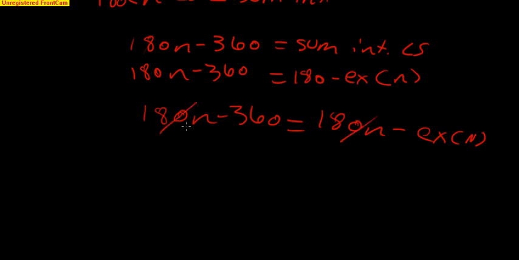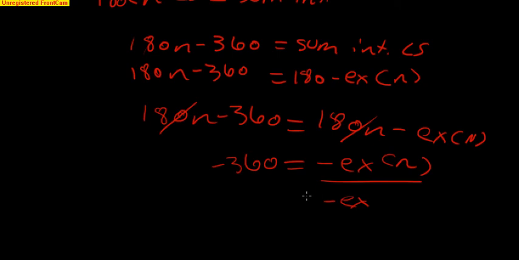Now, we can cancel the 180n's because 180n minus 180n is 0. So negative 360 is equal to the negative exterior angle times the number of sides. If you divide by the exterior angle, you get 360 divided by the exterior angle. Now, because both are negative, the negatives cancel out, because a negative divided by a negative is positive. So you're going to get n is equal to 360 over the exterior angle. So that's a bit of a proof there for you guys.